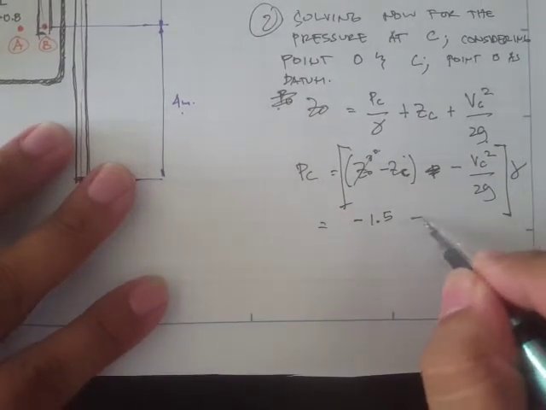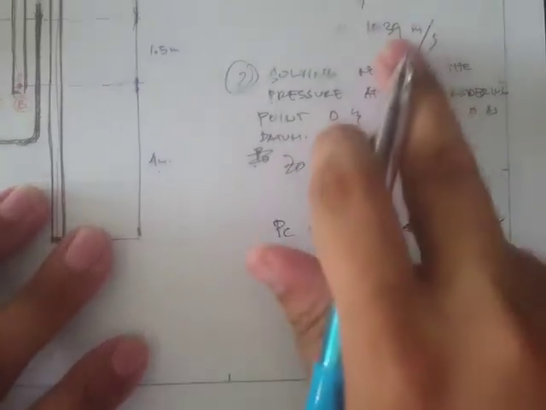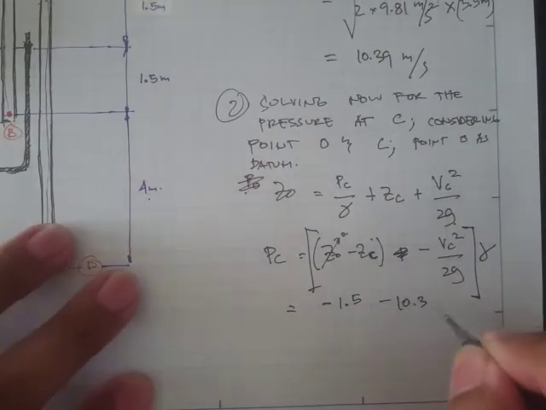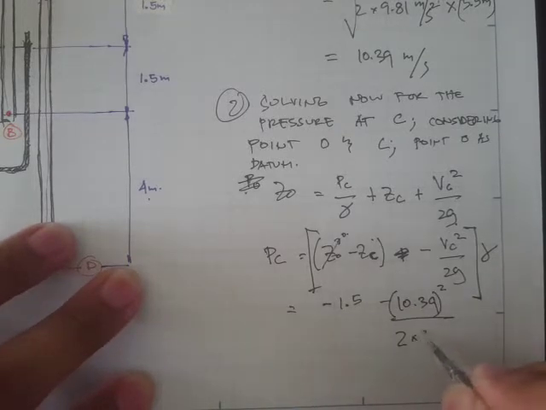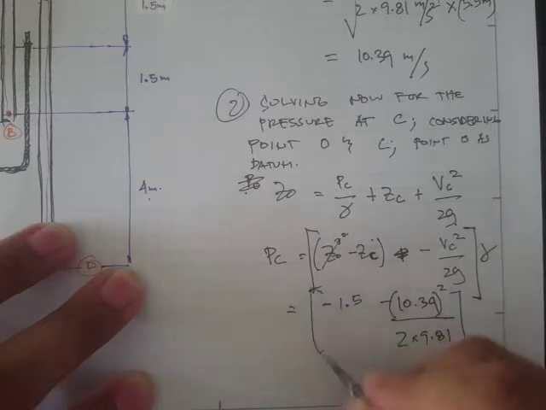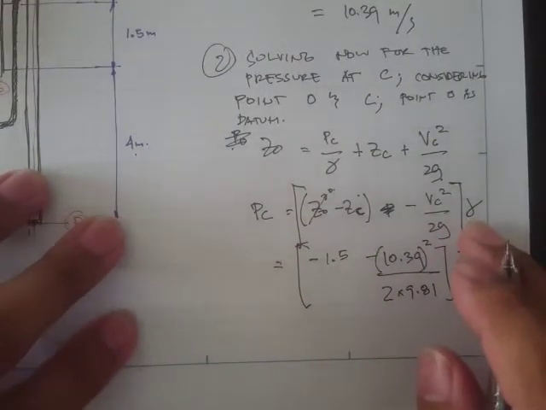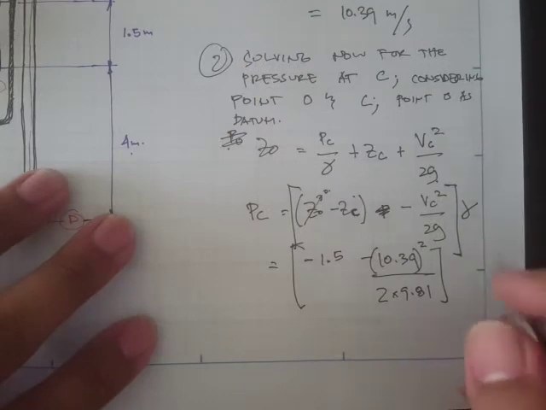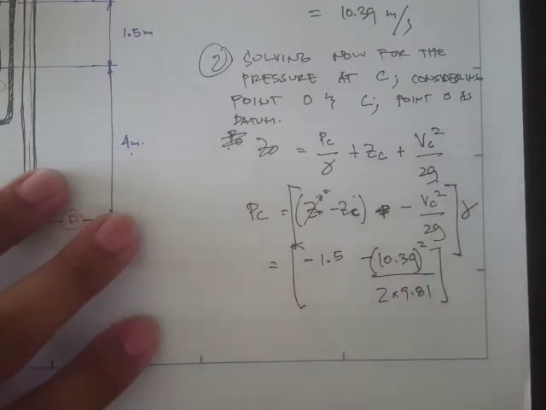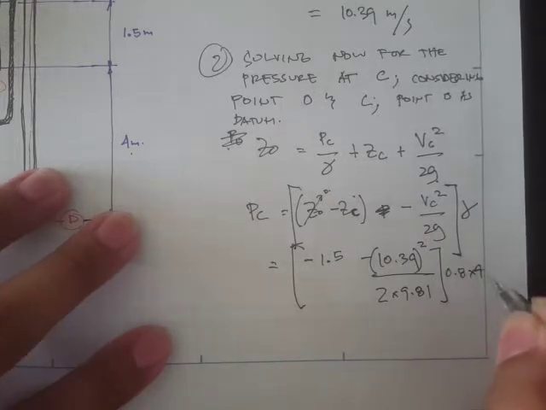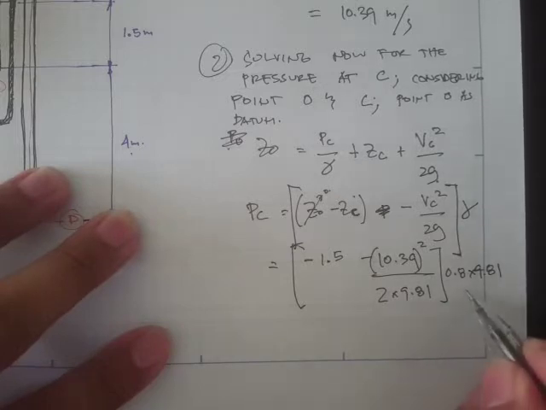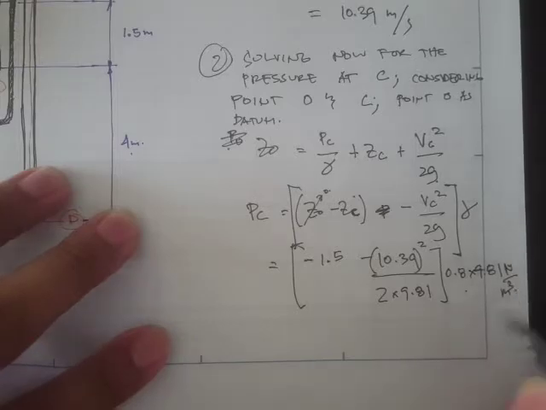Minus V_C squared. Now what is V_C? That's just 10.39. 10.39 squared all over 2 times 9.81. And our unit weight, since it's an oil, that's going to be 0.8 times 9.81. I think this one should be Newton per meter cubed, kN per meter cubed.